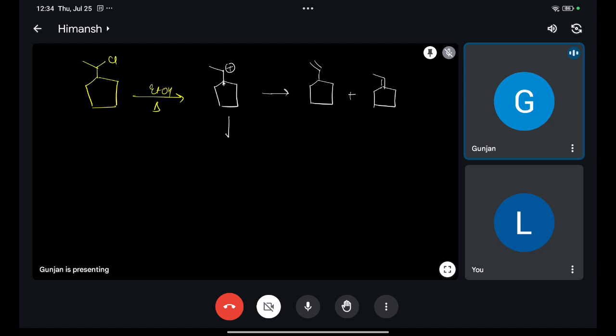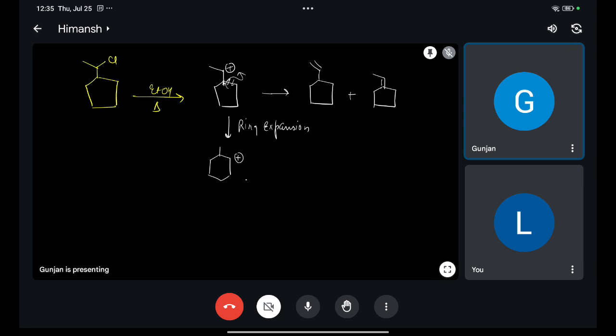But this carbocation can do ring expansion. Due to ring expansion, we will expand the ring like this, making it six-membered now with a double bond with a methyl group over here and this carbon getting a positive charge, right or no?